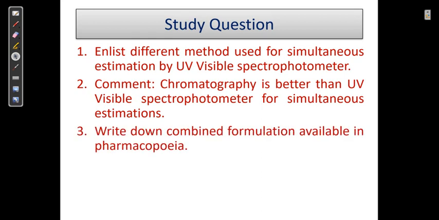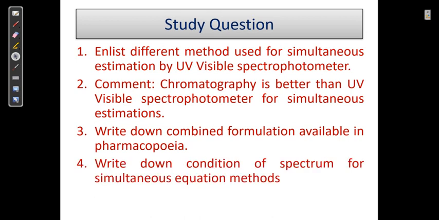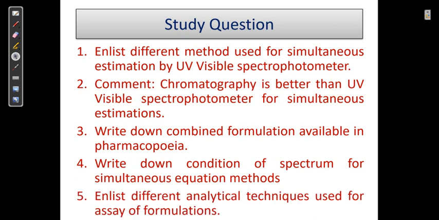Third, write down a combined formulation available in pharmacopoeia. Fourth, write down the conditions the spectra of both drugs must fulfil for the simultaneous equation method. And list different analytical techniques used for the assay of a formulation. These are the last questions.